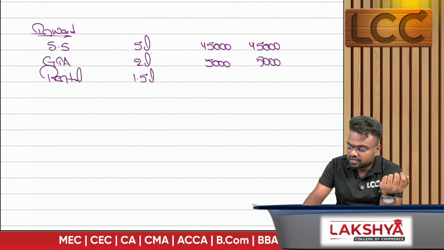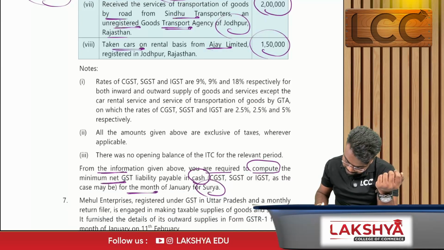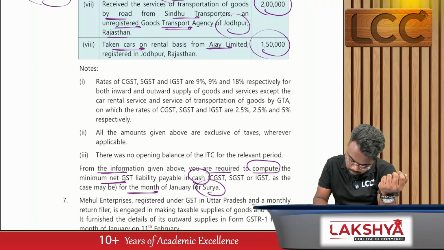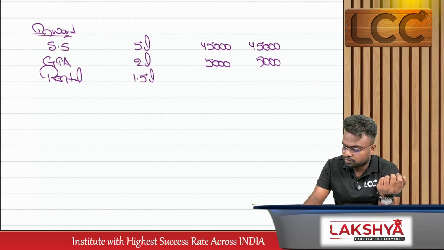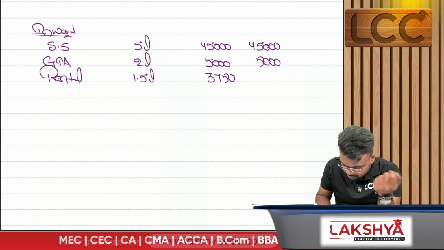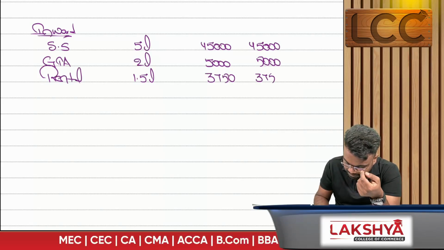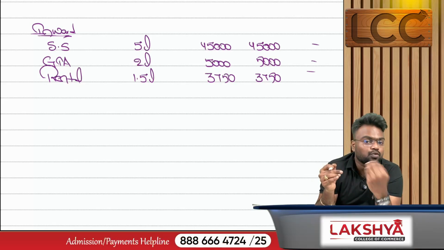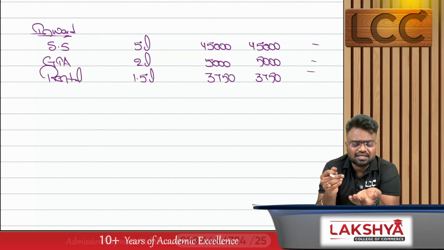On 1,50,000 we already paid tax. How much? 2.5%. So into 2.5%, that is 3,750 and 3,750. So this is the total computation of outward and inward, that is output tax payable and ITC.